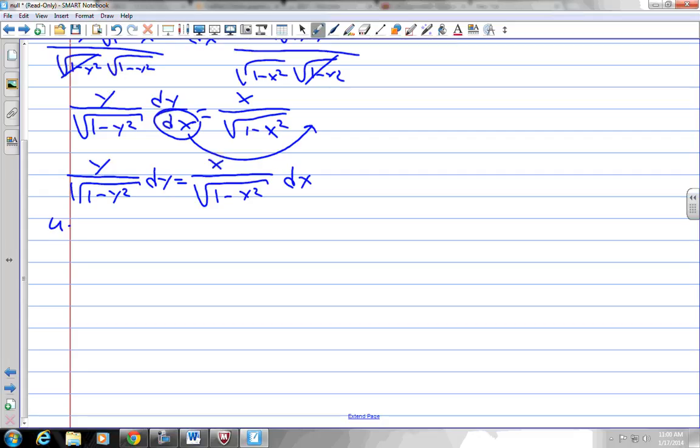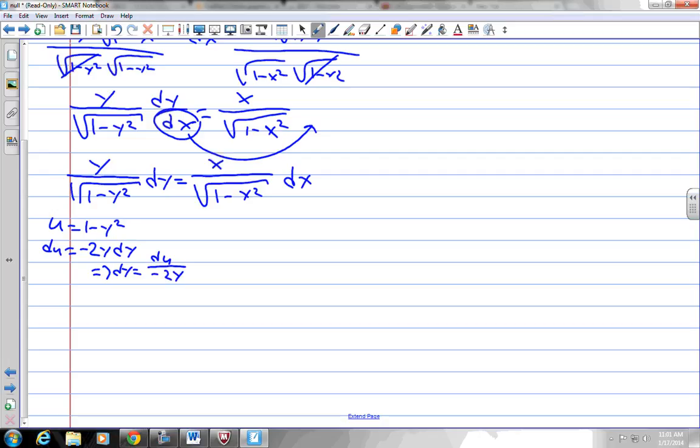Because look, if I just do this integral on the left. Let u equal 1 minus y squared. So what's du? Negative 2y dy. So dy is du over negative 2y.